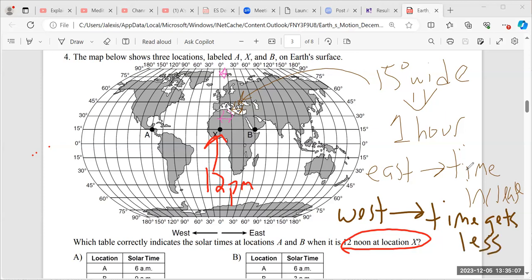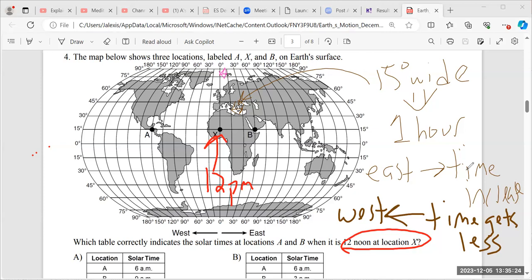Let me just fix that arrow. If you head to the east, time increase.